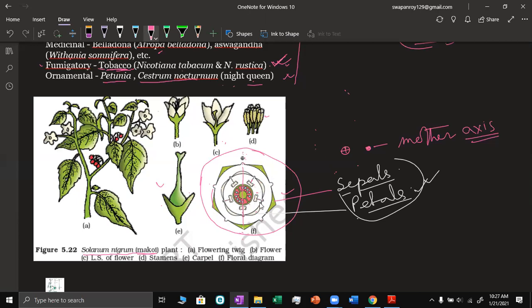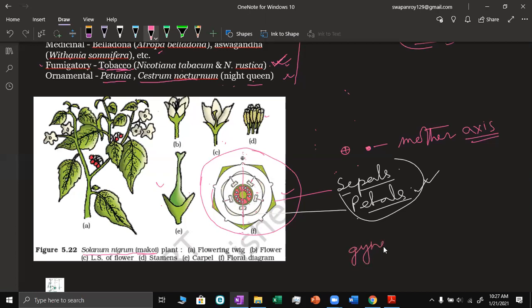So this is showing 5 stamens in epipetalous condition, and after that in the center there is the gynoecium.